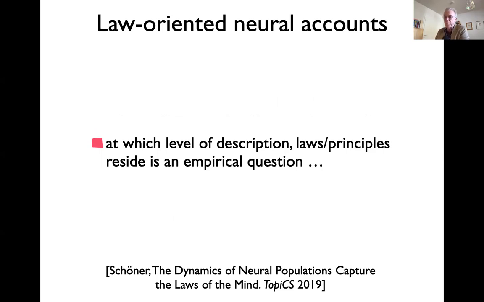You actually have to find out about that. It's an empirical question. So the laws are regularities, right? They are any form of constraint that says only certain processes or patterns are possible, and at which levels these laws can be found, you have to find out yourself. That's actually exactly how it works in physics.